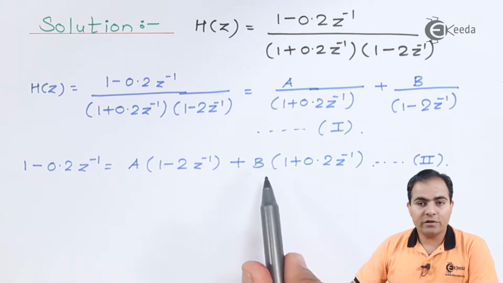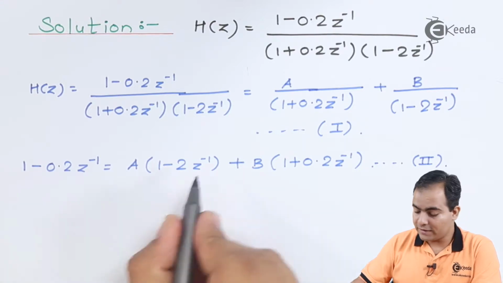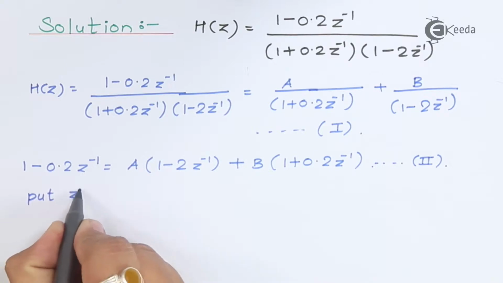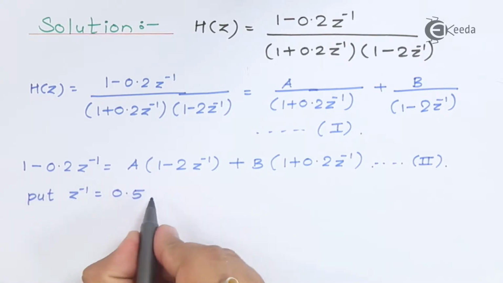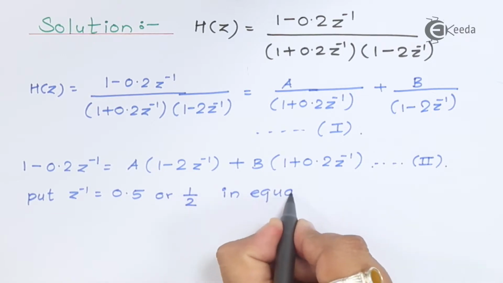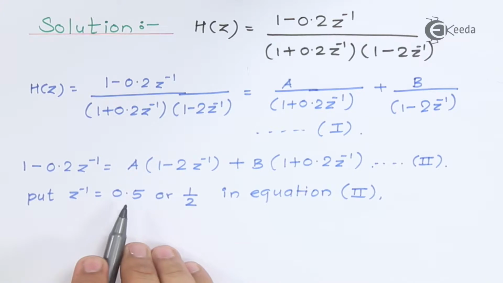So you will get the value of only B. So I'm going to substitute Z inverse equal to 0.5, which is half.